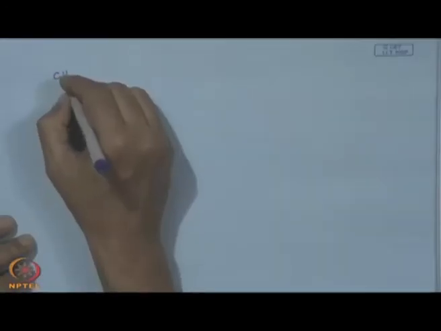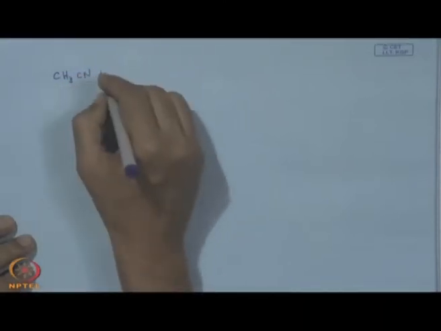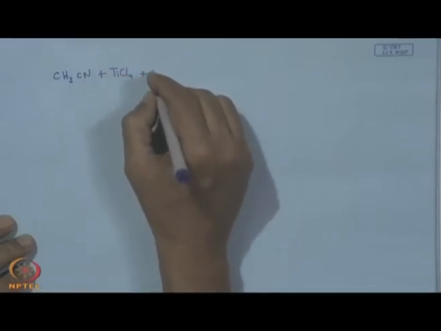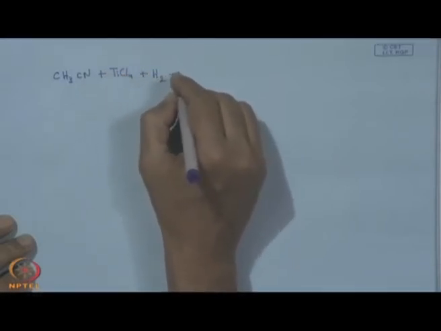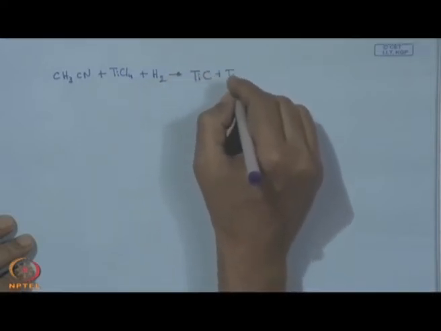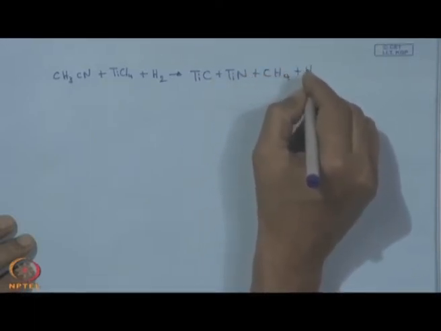So, if we follow the reaction, then acetonitrile, that means CH3CN plus TiCl4 plus H2, that gives us TiC plus TiN, CH4 and HCl.